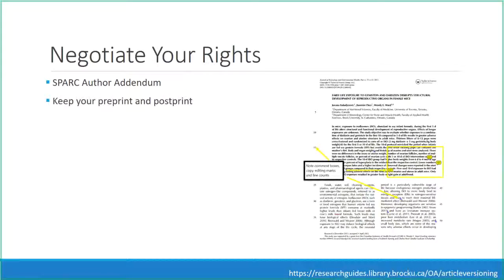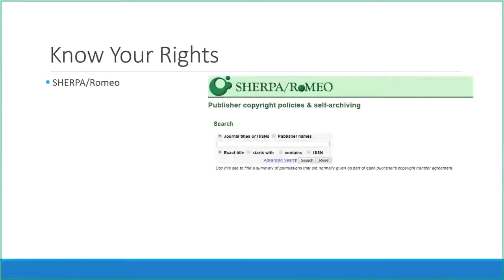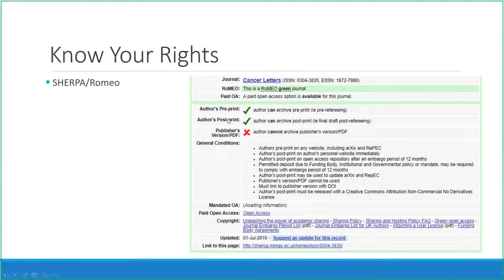Another thing you'll usually want to do is keep your preprint and postprint. So let me go back here to Sherpa Romeo. And you'll notice that for Cancer Letters, it says author can archive preprint and postprint.